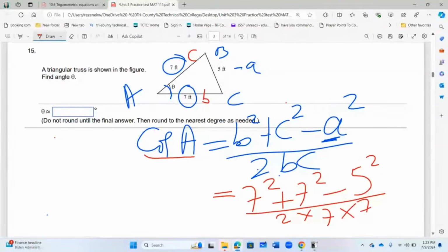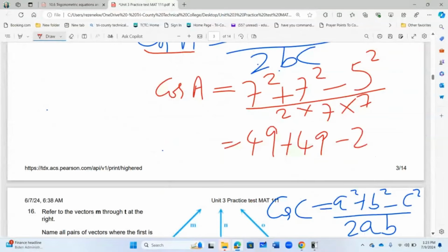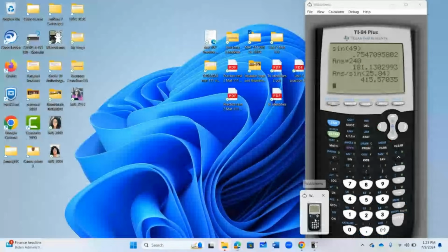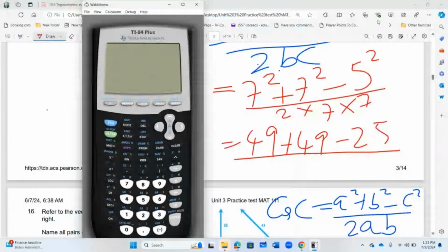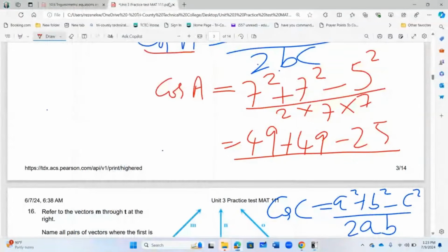Remember, I'm looking for an angle. Now I want to simplify the right-hand side. 7 squared is 49, plus 49, all over 49 times 49 multiplied by 2, so I have 98.